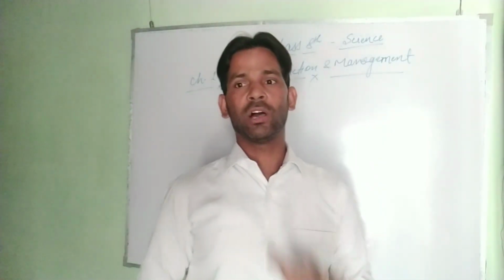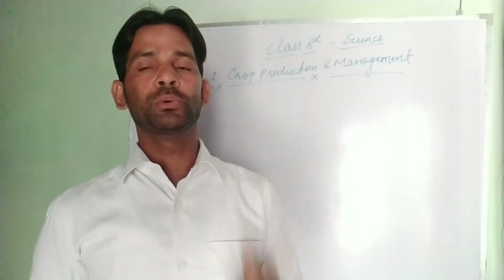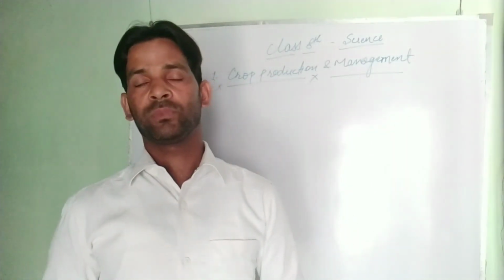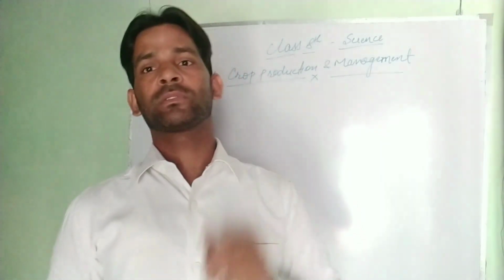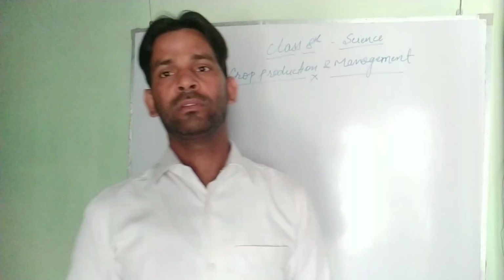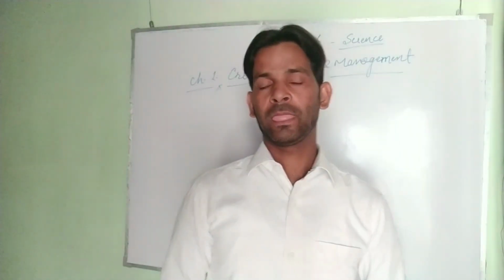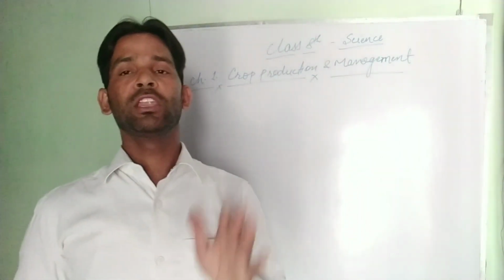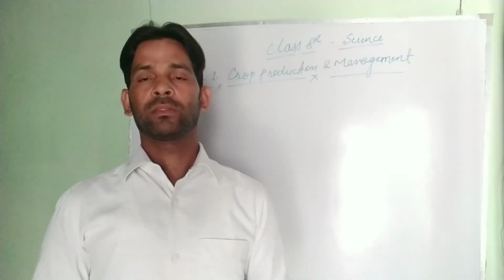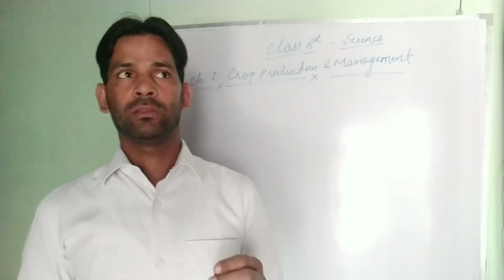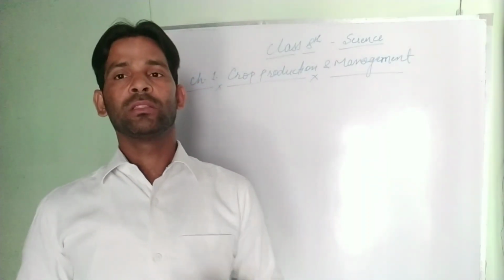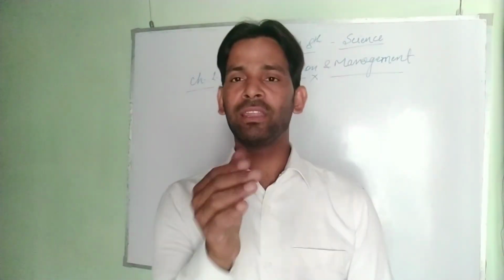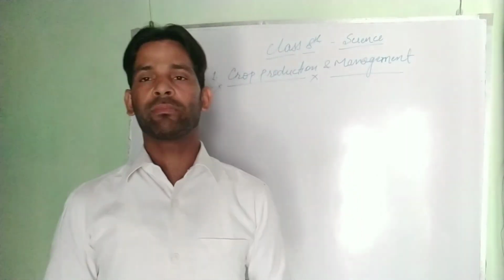In India, crops are grown in 2 different manners. The first one is Kharif crops and the second one is Rabi crops. Kharif crops include paddy, soya, groundnut, etc. The season which starts in India from July to September is known as the rainy season.